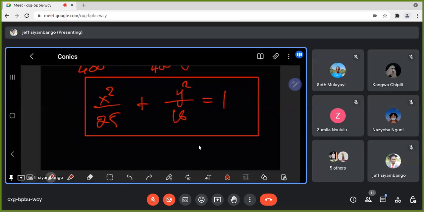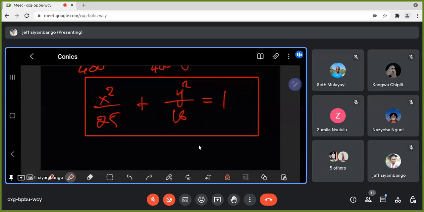But if both x and y are squared, then it's definitely not a parabola. It would be a circle, but for it to be a circle, the terms in the denominator have to be the same, either 1, 1, or 2, 2, or 4, 4. That's basically the condition for this to be a circle.